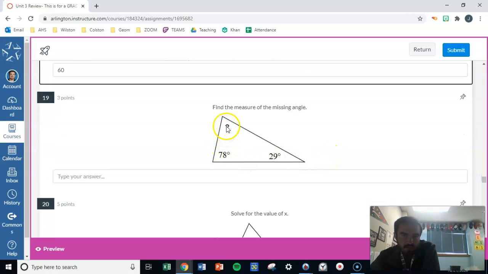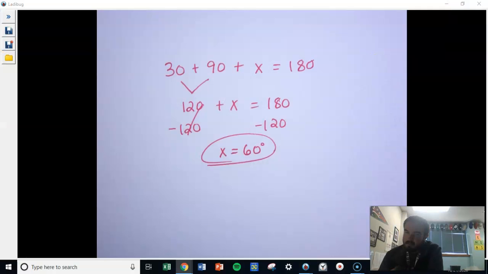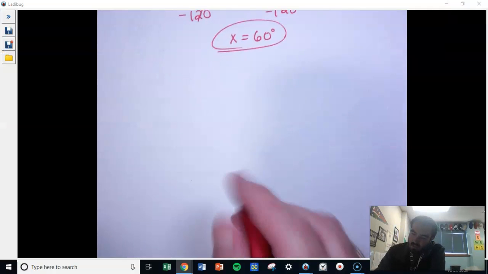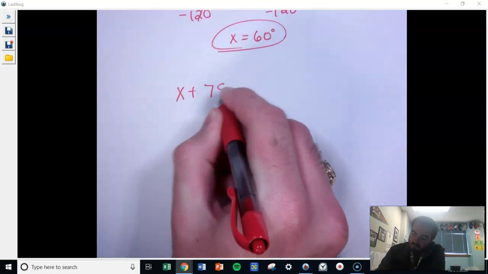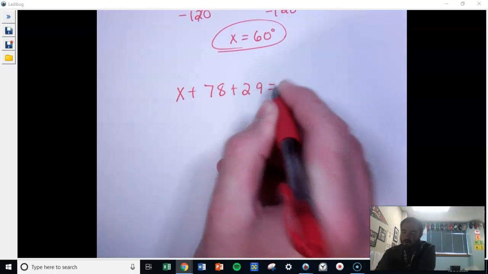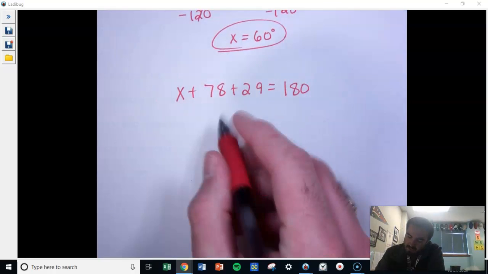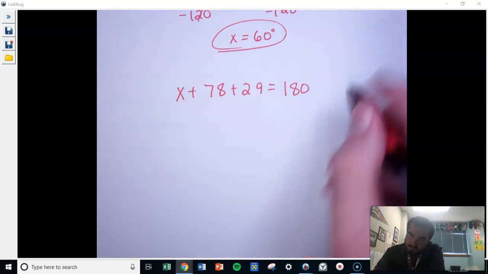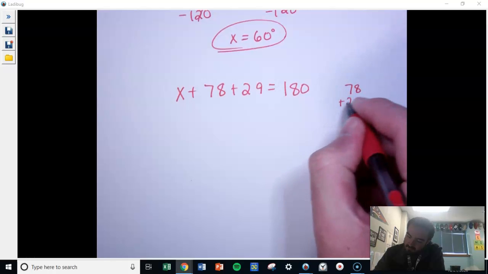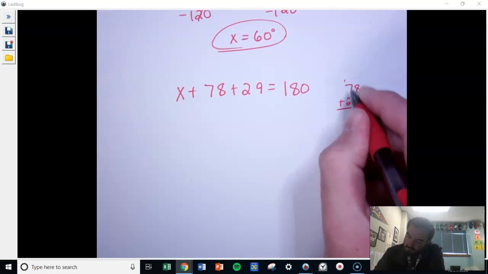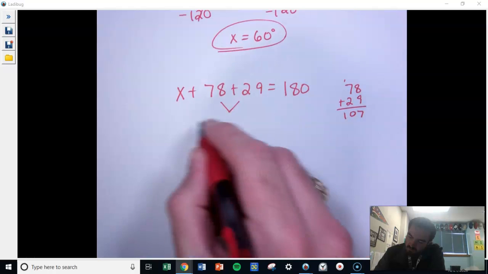What about this one? I would do x plus 78 plus 29. Let's do that one real quick. I would have x plus 78 plus 29. Remember, all of my interior angles in a triangle add up to 180. 78 plus 29, let's see what that is real quick. 107.